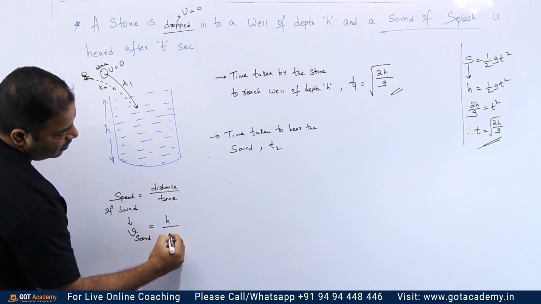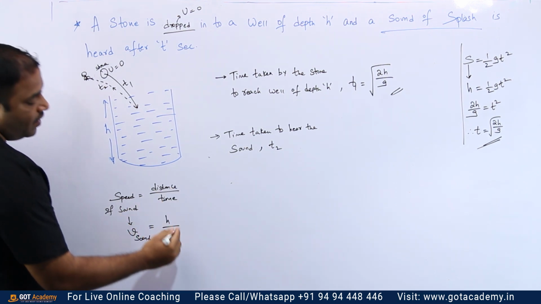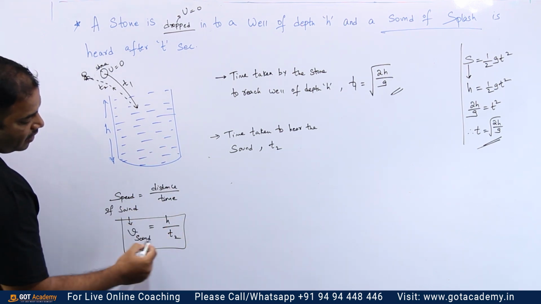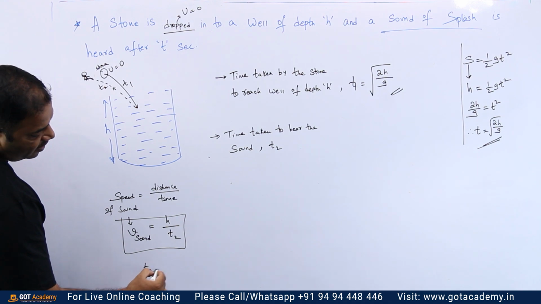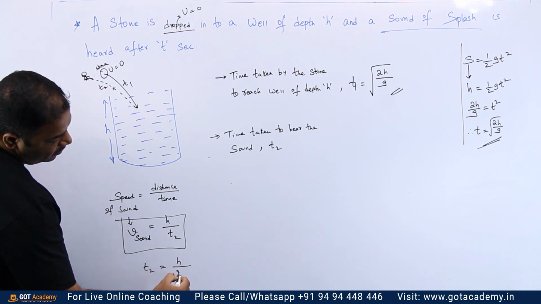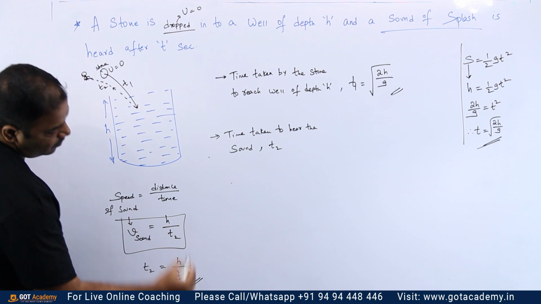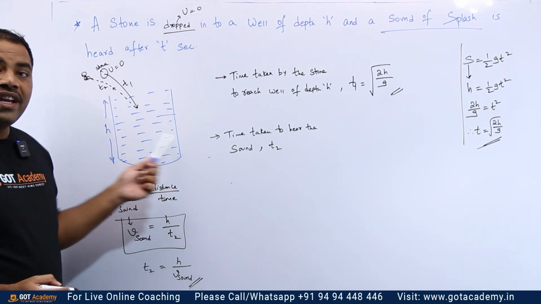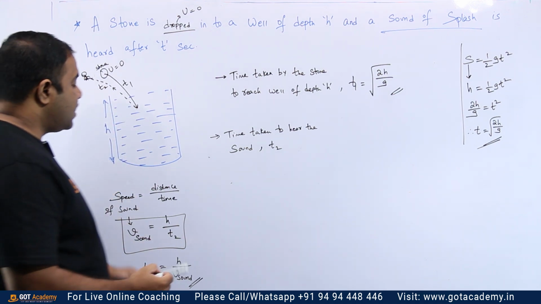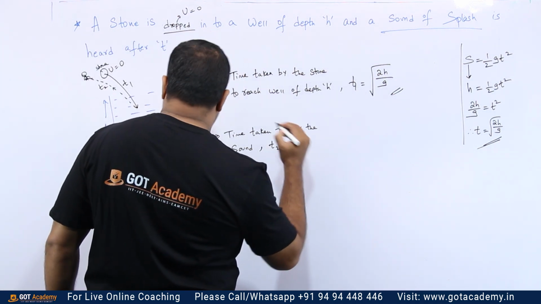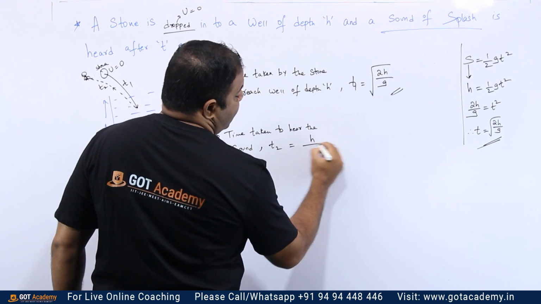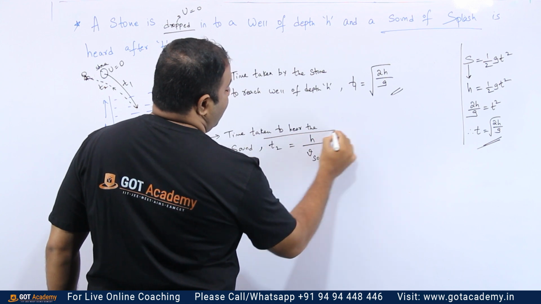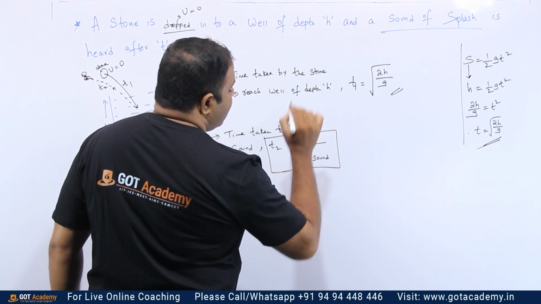Let this time be t2. Rearranging, t2 is equal to h by v sound. Here t2 stands for the time taken for the sound to be heard. So t2 is equal to distance by speed of sound.